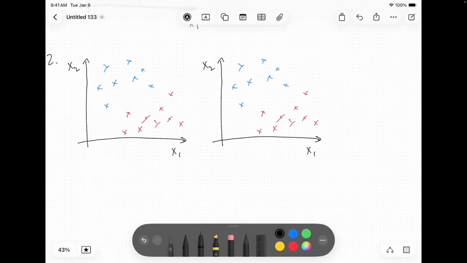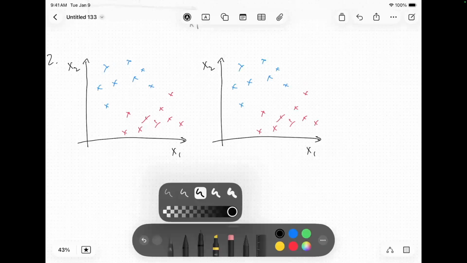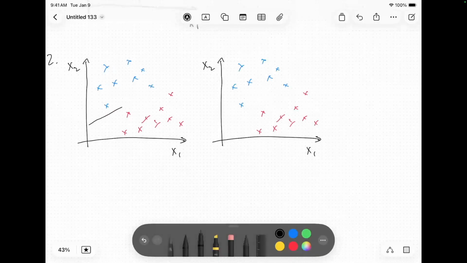Okay, so the second problem is, let's draw our separator here. It might look something like this.